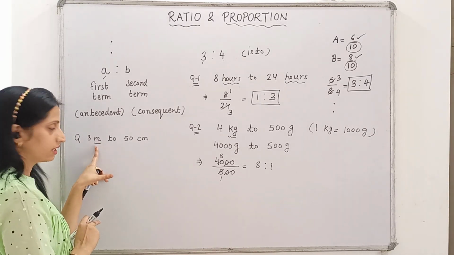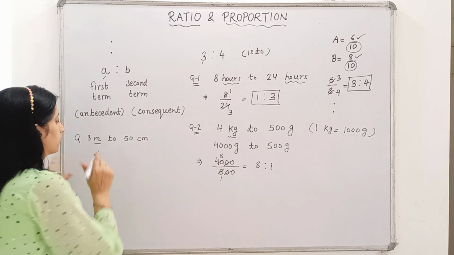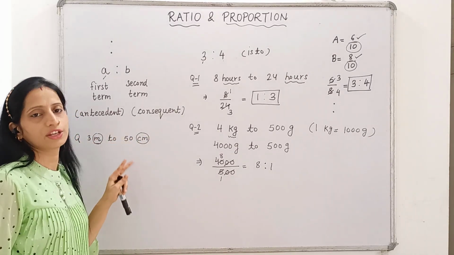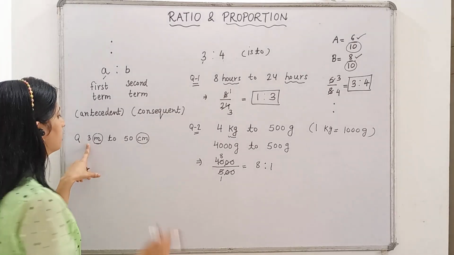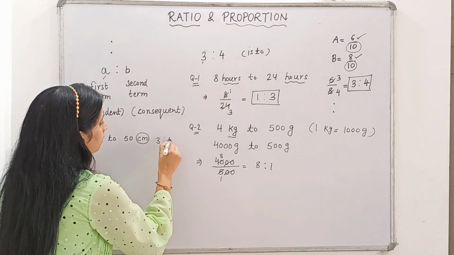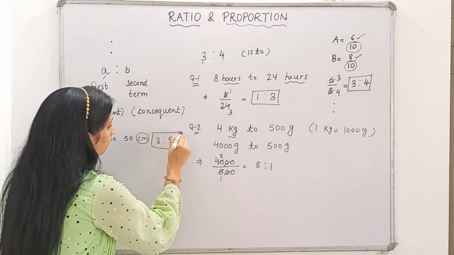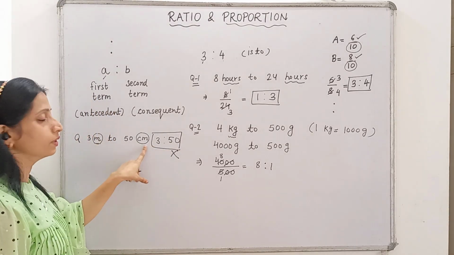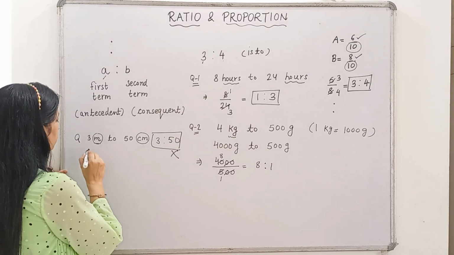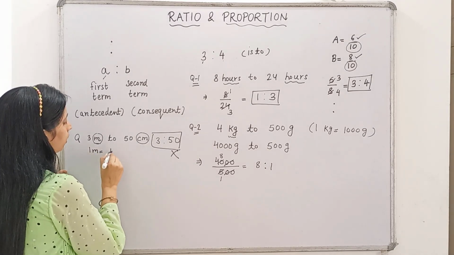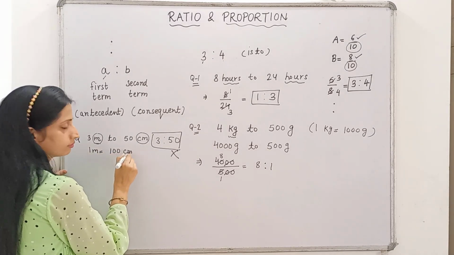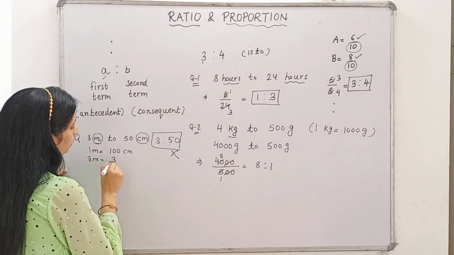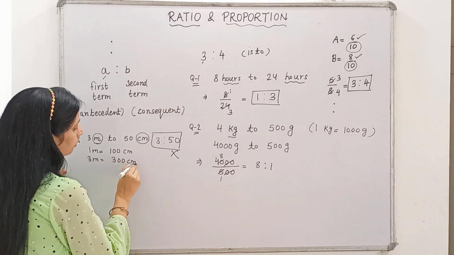Because one is given in meter and the other is given in centimeter. So, first we will equate the units, then only we can find out the ratio. We cannot write like this, 3:50. If we write the ratio like this, then it will be wrong. So, first we have to equate the units given here. So, 1 meter is equal to 100 centimeter. Okay. So, 3 meter will be equal to 300 centimeter.